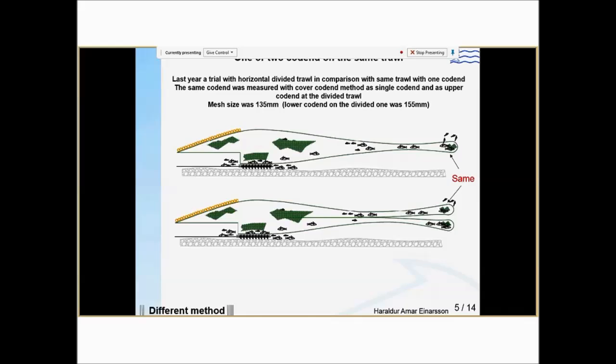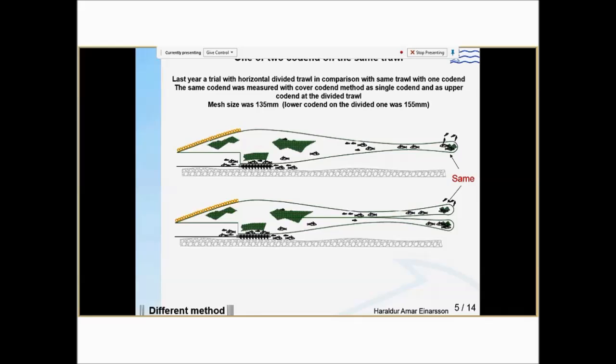But what we did as well was use this cover codend method. We measured the selectivity on the upper codend here with the cover codend, and this codend here with the other one. This is the very same codend. So we just changed this trawl, we divided it and added another codend under it.